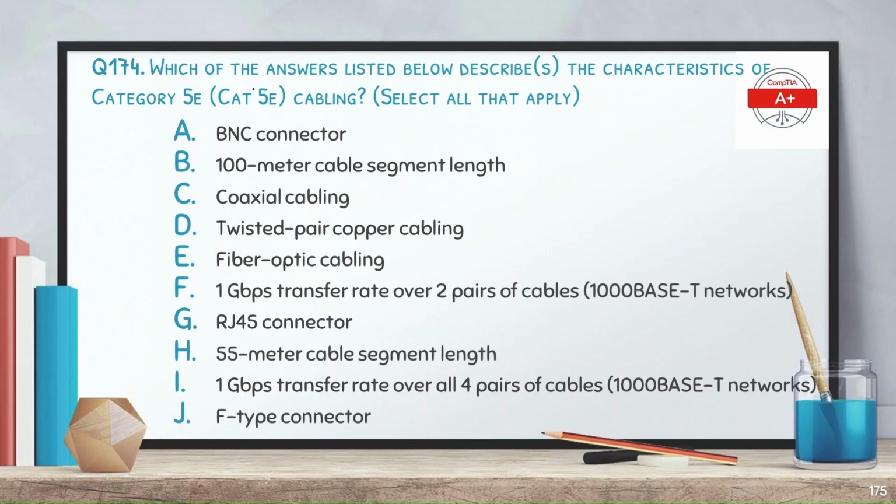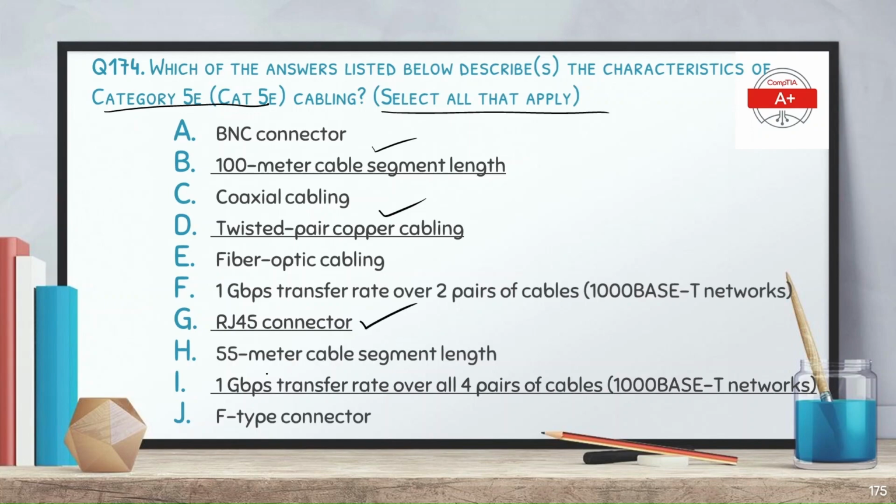Question number 174 is that which of the answers listed below describe the characteristics of Cat 5E cabling? And again, we have to select all the correct options. So the correct options are that the Cat 5E cabling has a maximum cable length of 100 meters, it uses twisted pair copper cabling, it uses the RJ45 connector, and it has 1 Gbps or 1000 Mbps data rate over all 4 pairs of cables, that is 1000BASE-T network.